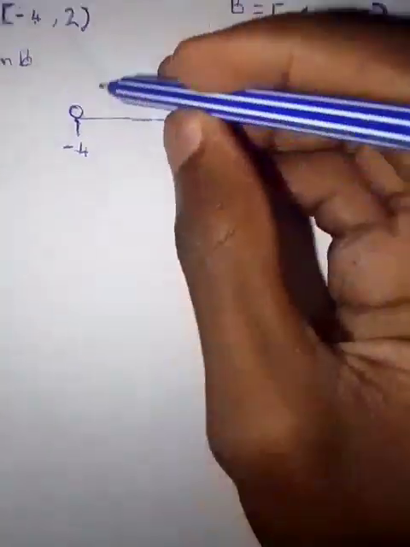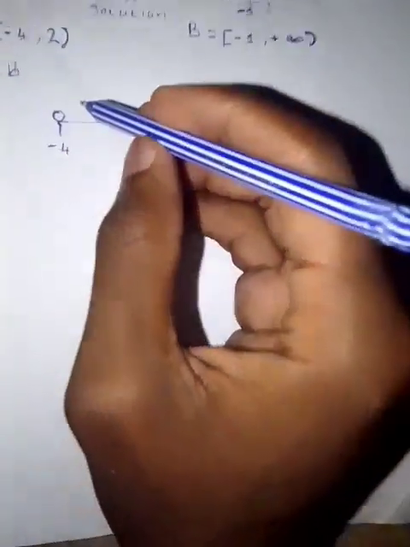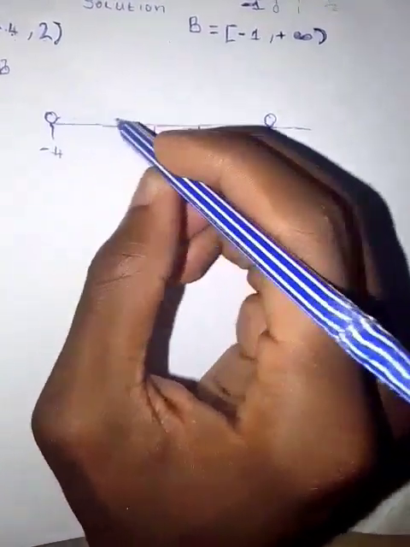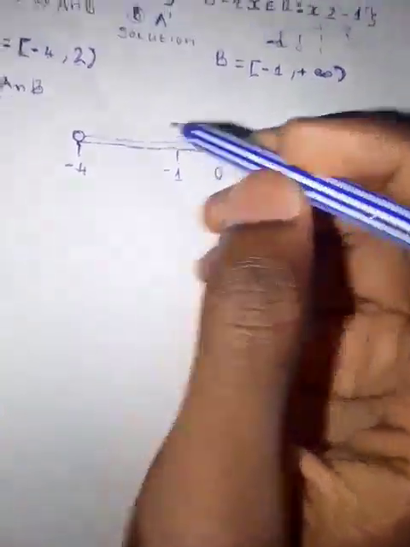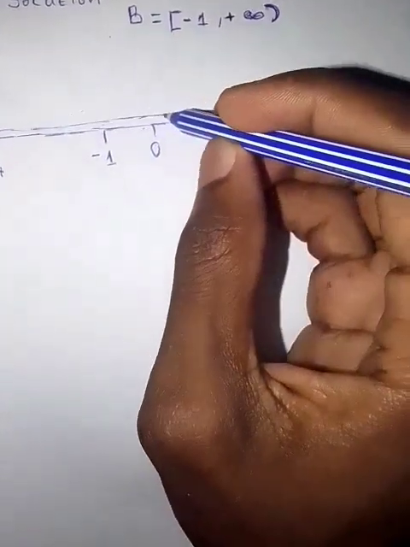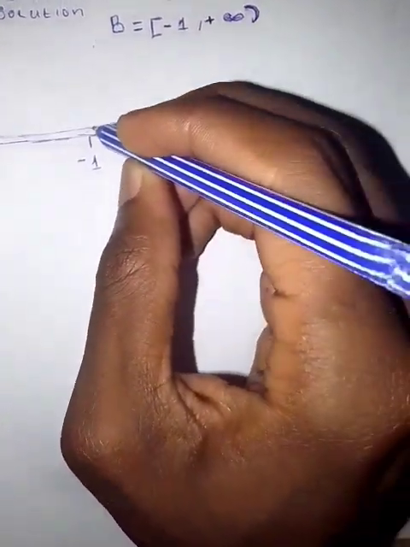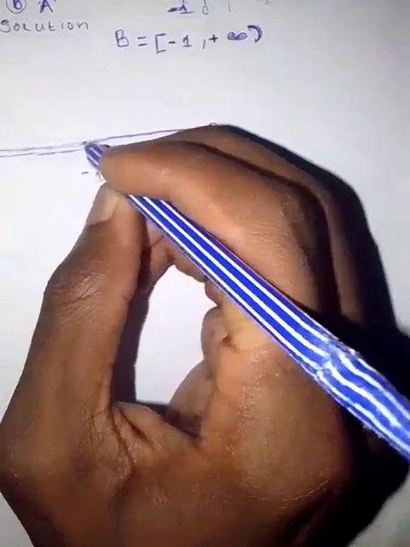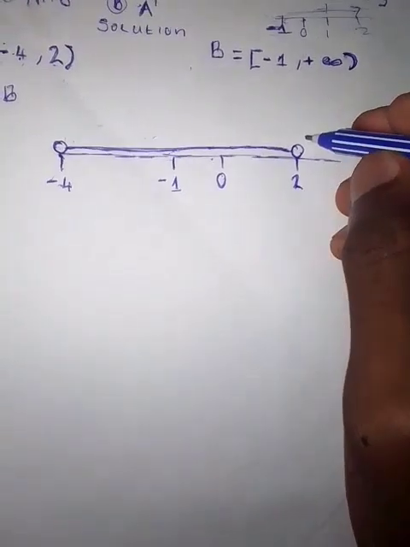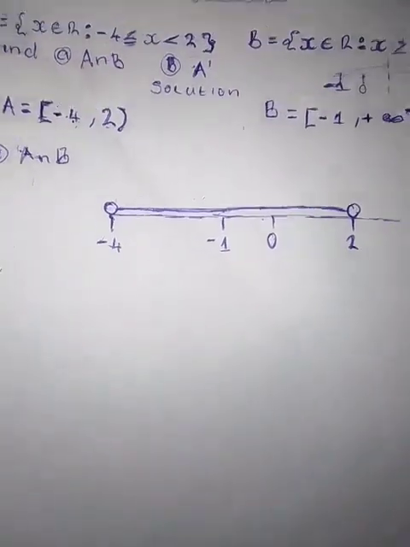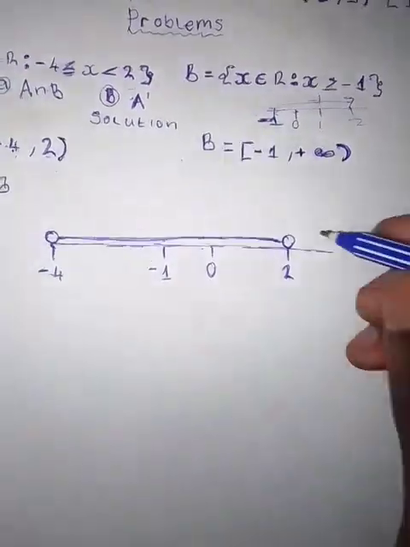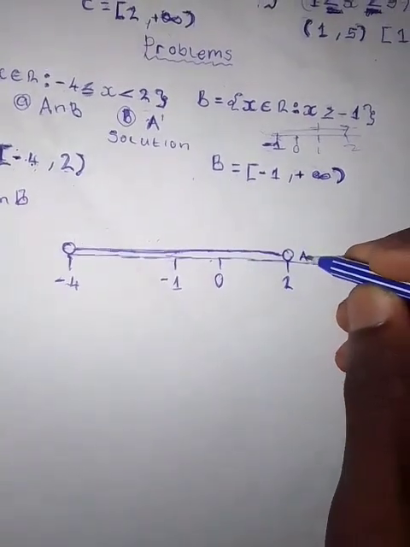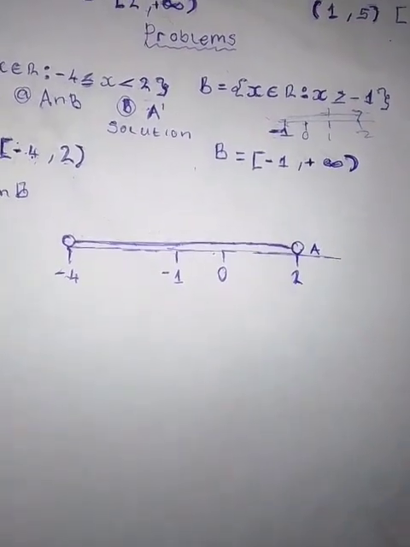Then you join them with a straight line. You should use a ruler so that it looks very neat. I'm just using free hand, but you should normally use a ruler. So you can even label it set A. You have represented set A.